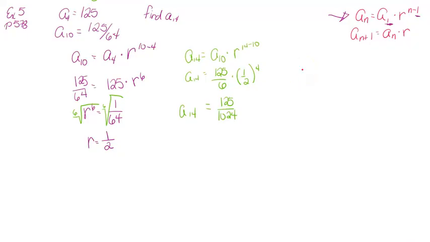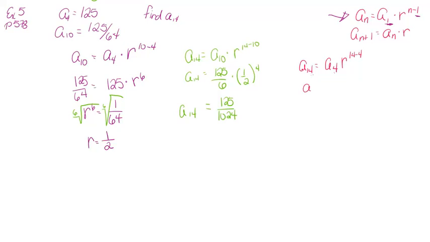I could also solve it using the 4th term. So I would say a sub 14 is equivalent to a sub 4 times r raised to the 14 minus 4, because I'm using my 4th term, so this is the 14 minus the 4.